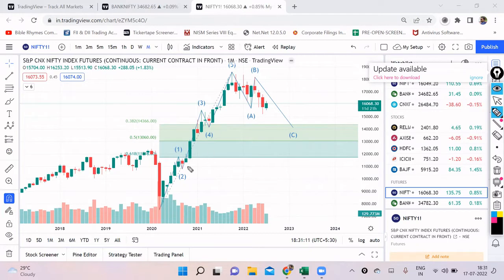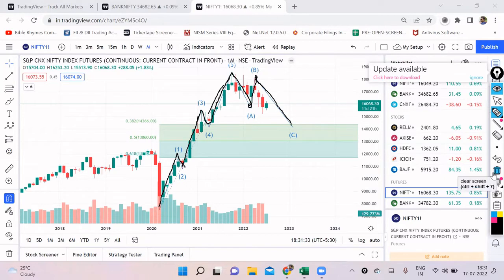I hope some of you know Elliott Wave. This is the impulsive wave, until wave 5, and then we have the corrective wave A, B, C. A is done, B is done, so C is under formation.